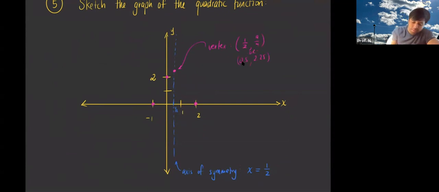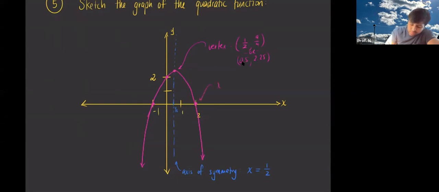And then I can sketch the graph by connecting the points. I know this is going to be opening upward. Something like this. And this will have the other half. And voila. I've sketched the graph. And I'm just going to label the points.